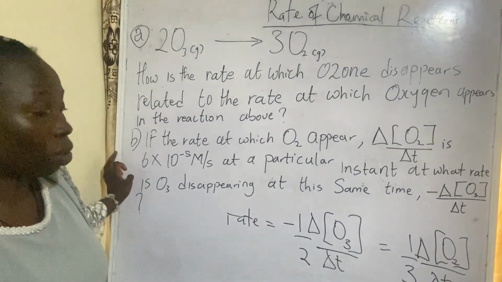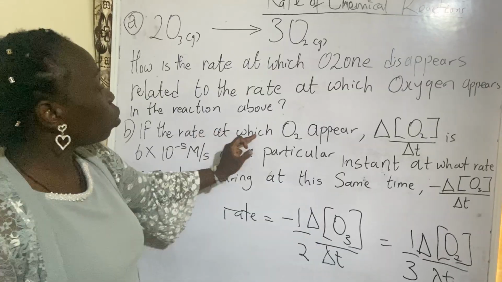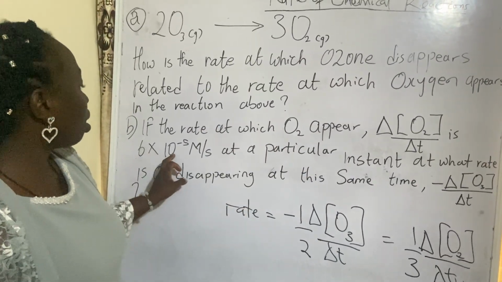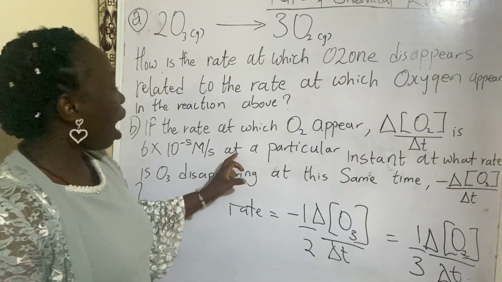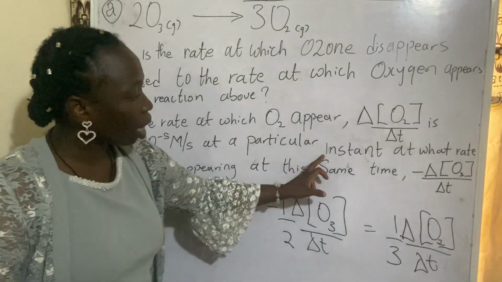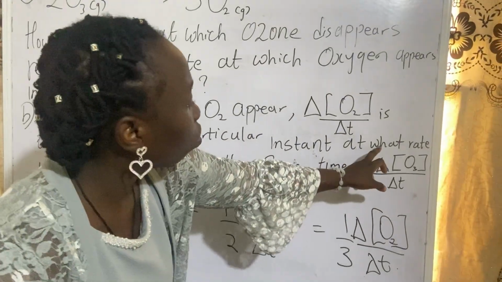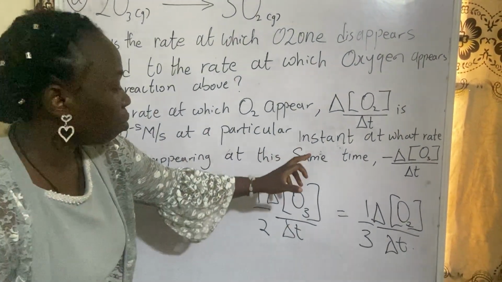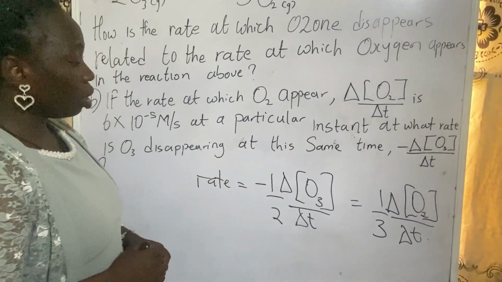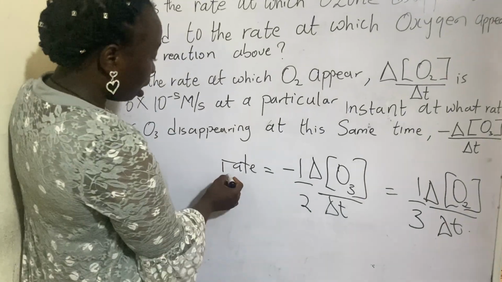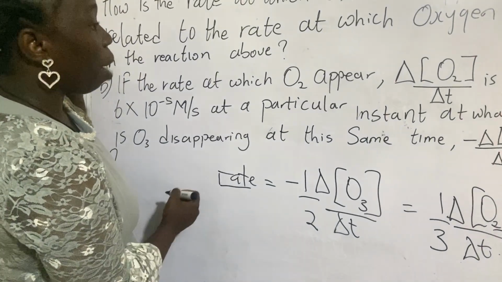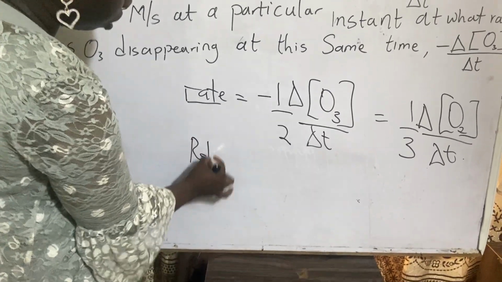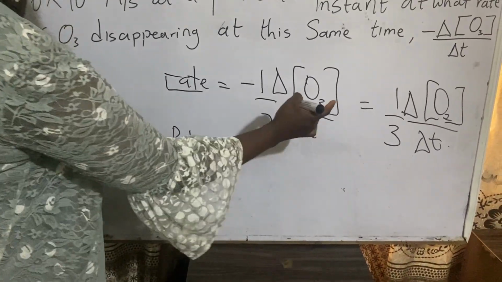Now the second question. He said if the rate at which oxygen appears is 6 times 10 raised to the power minus 5 at a particular instant, at what rate is ozone disappearing at the same instant? Are you seeing it now? So the rate of appearance, what is appearing?